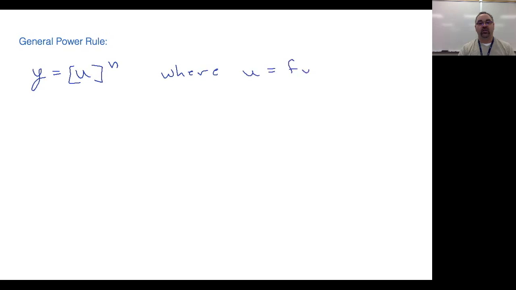This actually gives rise to one of our rules, something called the general power rule. Because now, for the general power rule, what we're going to say is, okay, look, our function y is going to be some function u to the nth power, where u is some function of x.